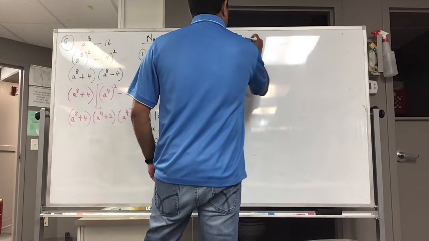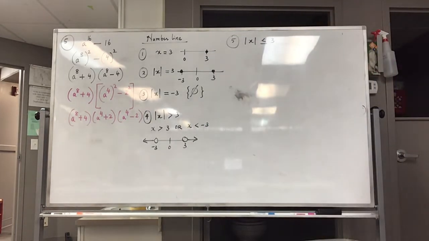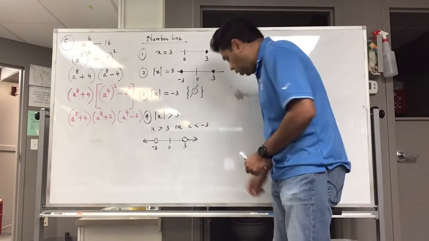Absolute of x is less than or equal to 3. So greater than is called an OR function.